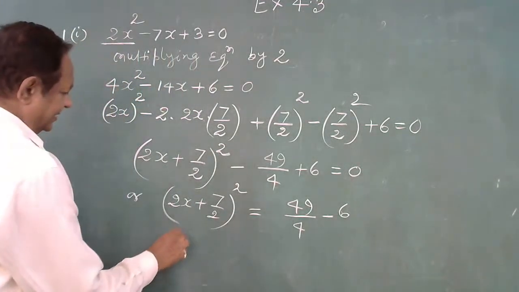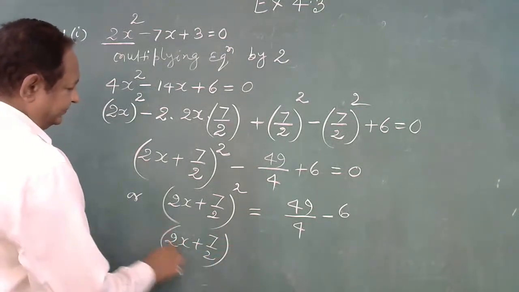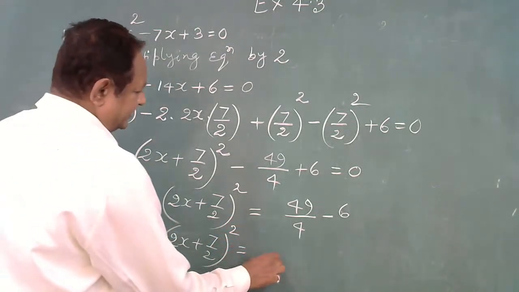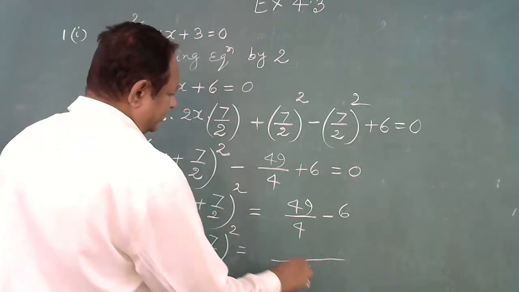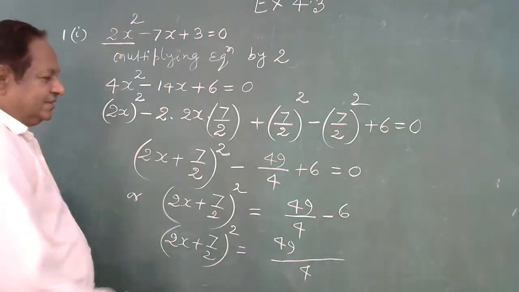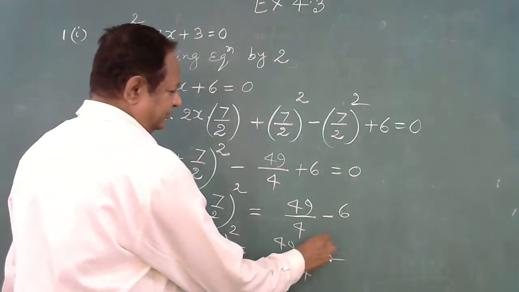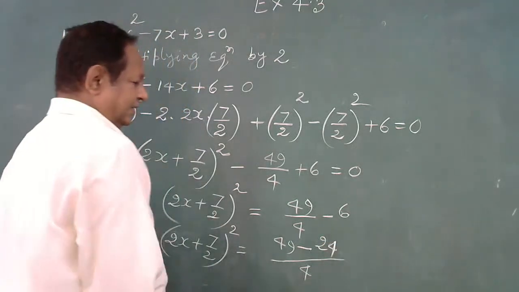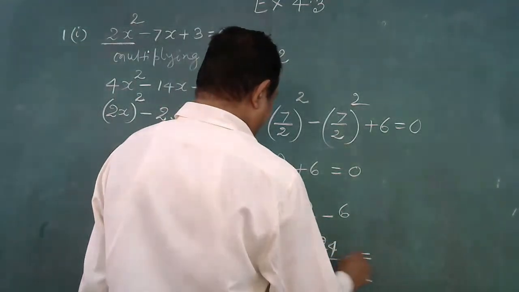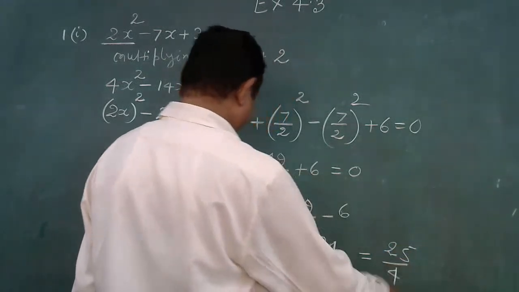This can be written as 2x plus 7 by 2 whole square, LCM 4, so in the numerator 49 minus 24. This can be written as 25 by 4.